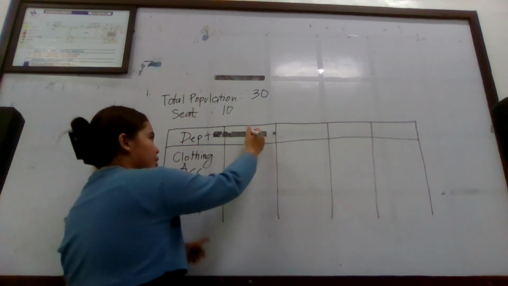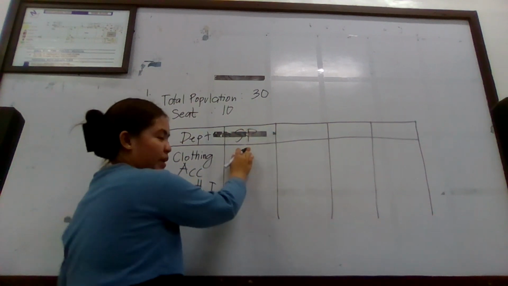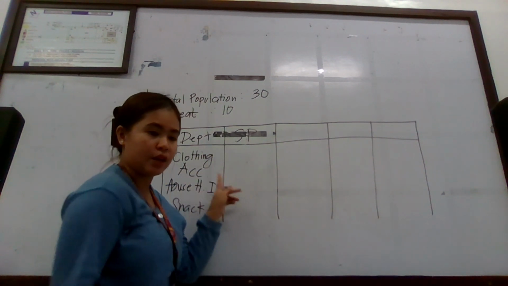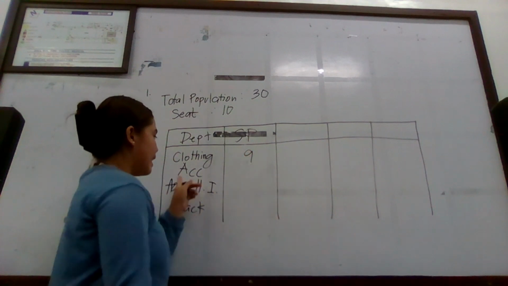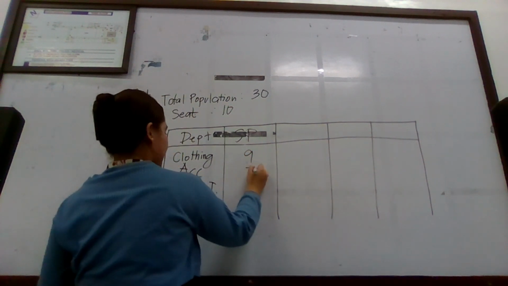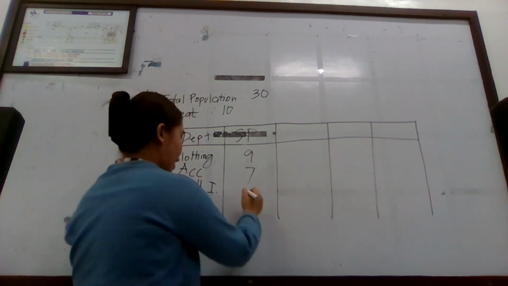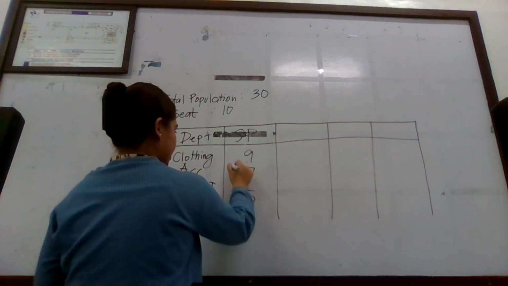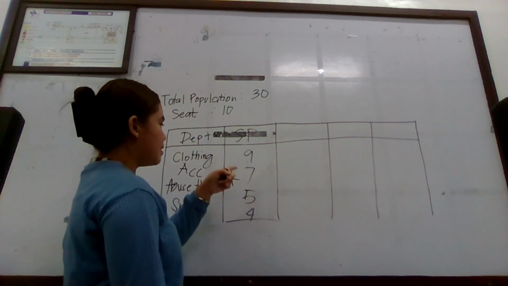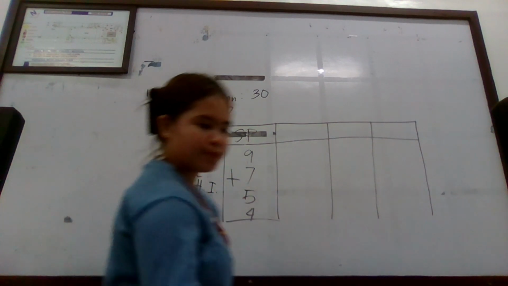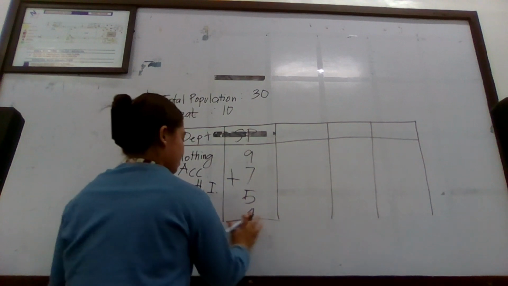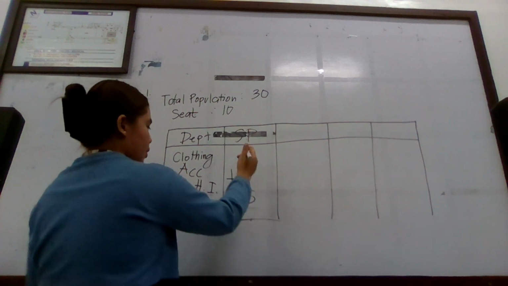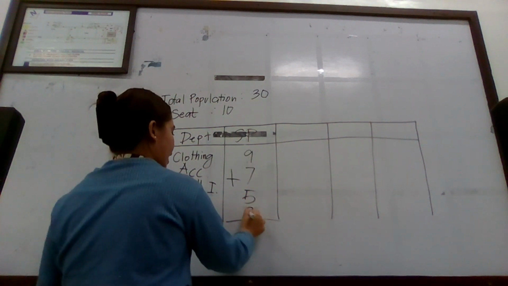So in this part, this will be our state population. So how many customers are there in clothing? We have 9 customers. In the accessories, we have 7. In the household items, we have 5. And in the snack, we have 9.